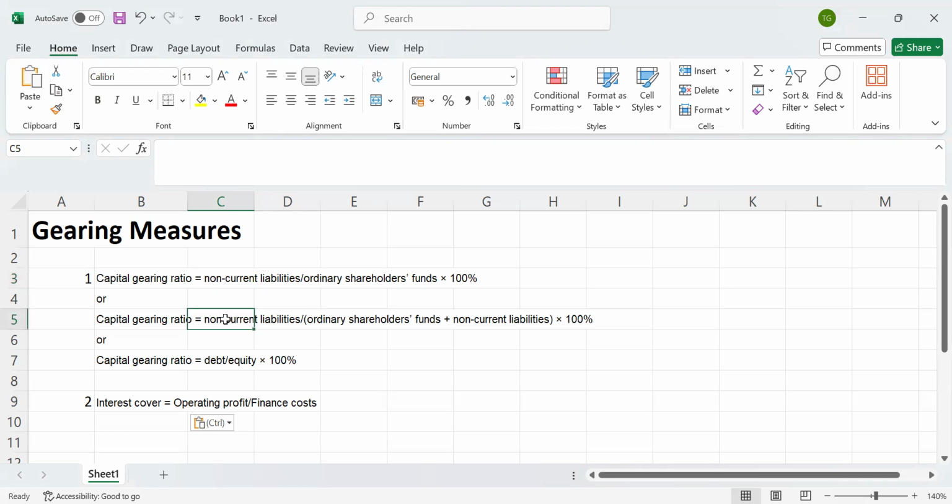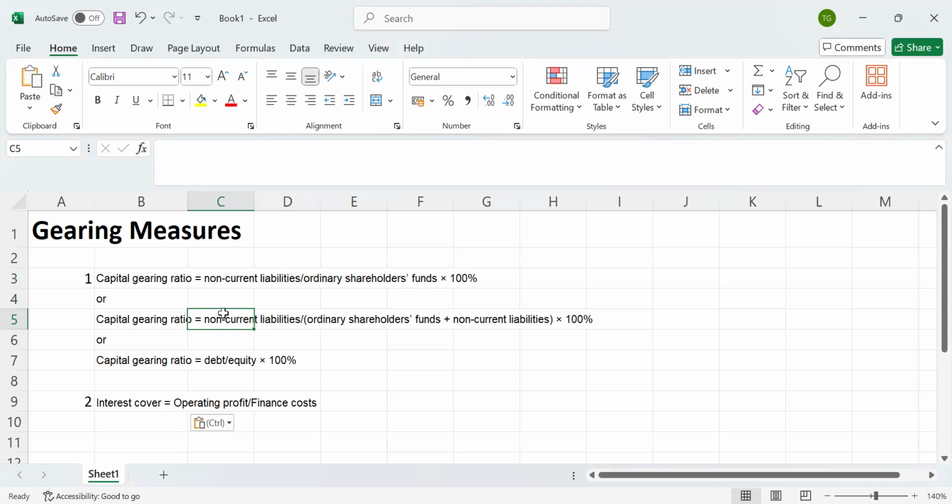The second formula that you see over here is a comparison between the non-current liabilities, that means the debt, as a proportion of the equity funds plus the debt. So you want to see the total capital proportion. Your capital is made up of the owner's funds as well as the debt that you've taken. So in the total, how much does the debt comprise?